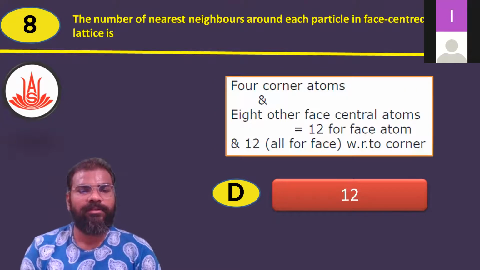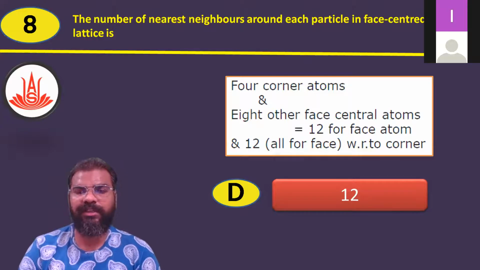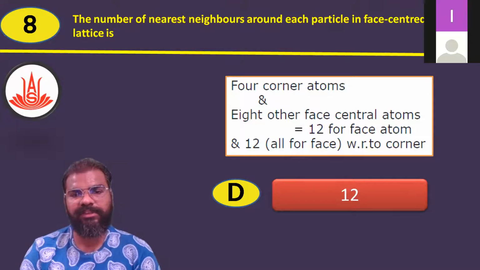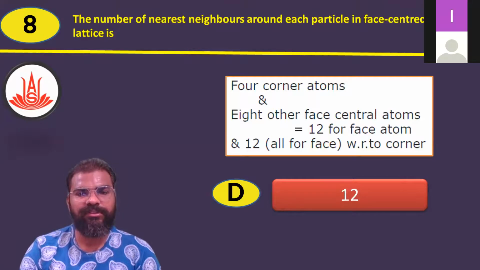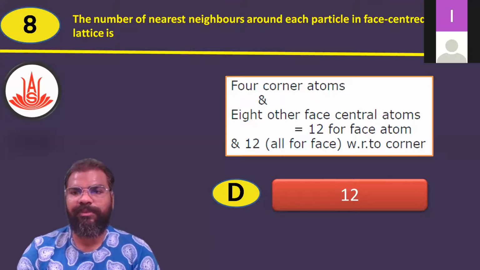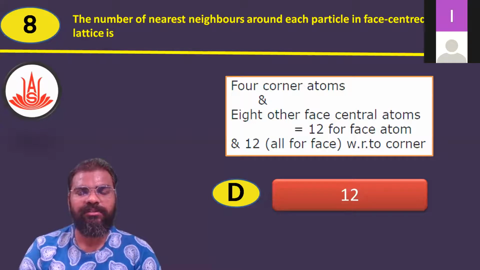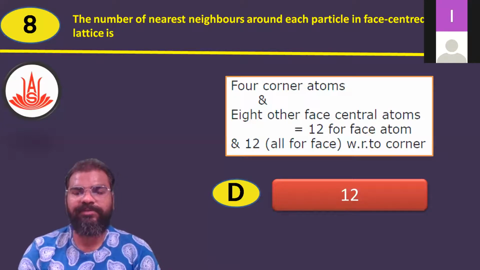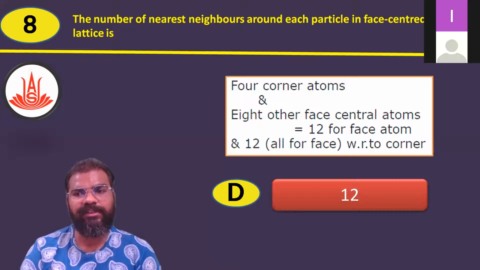Yes, the number of nearest neighbors around each particle in FCC is 12. There are 4 corner atoms. Suppose you are sitting in a room, then you can calculate this very easily. 8 other face centers, so it is equal to 12 for a face atom, and all 12 for a face atom with respect to the corner. So you can say that the number of nearest neighbors around each particle in an FCC lattice is 12.